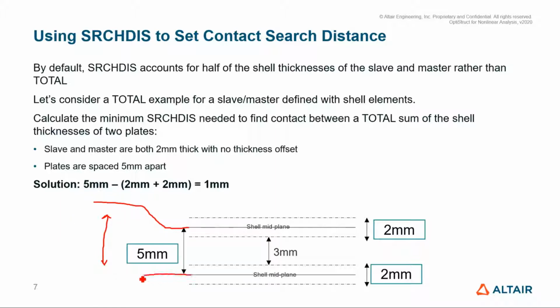So you have to be careful, especially if your part has varying thickness or a non-uniform feature. Okay, that means it is something like this, where there is actually a step. In this case, if the actual gap is 5 mm, you also establish that contact as well. But in fact, all you want to do is establish contact in this region only, right? So you have to be careful with search distance.